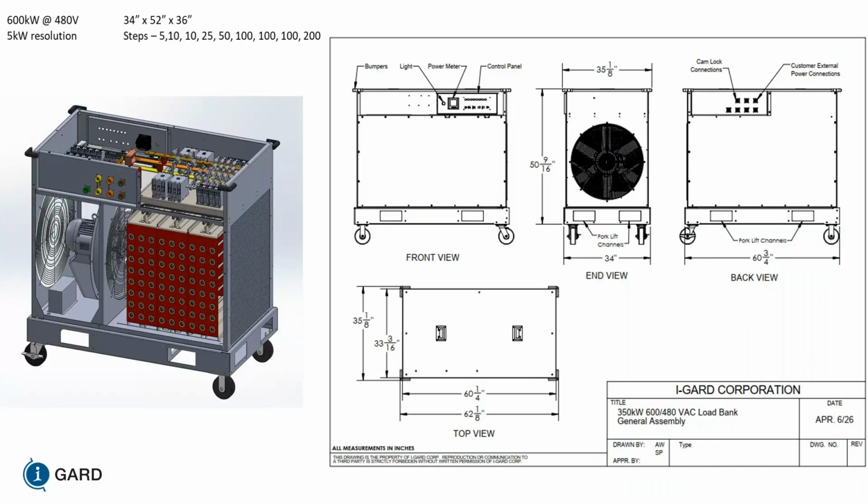Depending on how many steps you have, you may be able to go with 4160 volt directly and have medium voltage contactors change the load profile. We'd have to look at the combination of contactors, whether it's easier to do at 4160 or at 600. So we have done both transformer type and direct connection with medium voltage pickup.